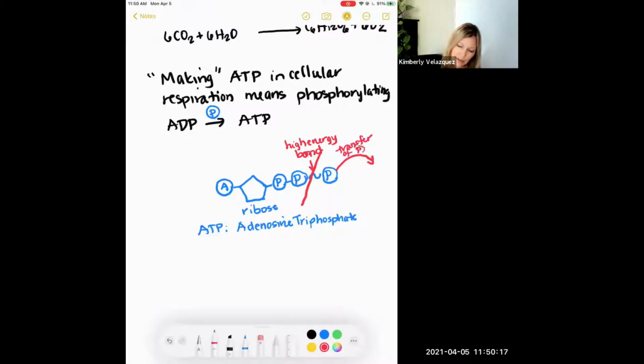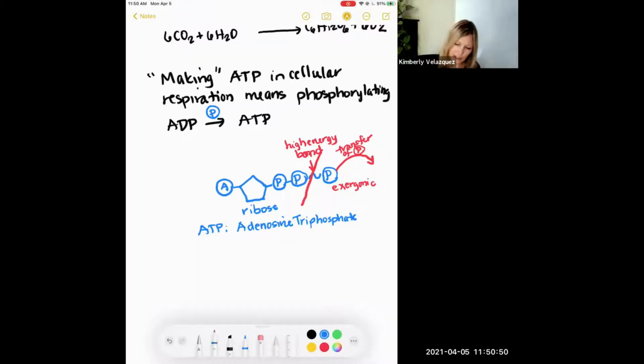Okay, because it's exergonic. Remember, exergonic reactions release energy. And now that phosphate group is going to go to another molecule and give that molecule energy to go do what it needs to do. So either combine with something else or break apart. Whatever is needed, that transfer of that phosphate group, breaking that high energy bond and releasing that energy is going to provide the energy to carry out another reaction.